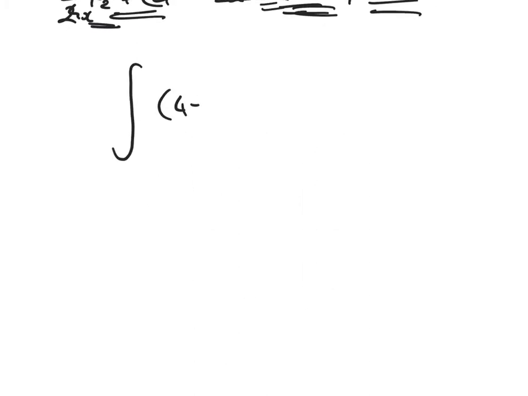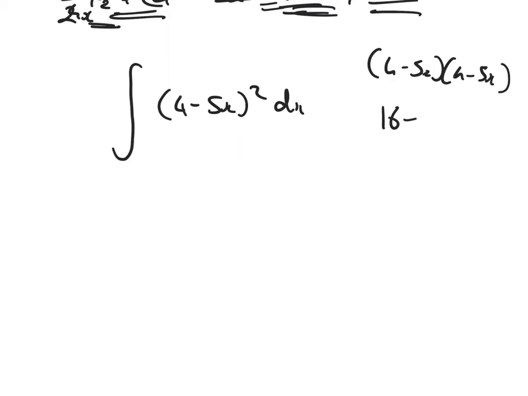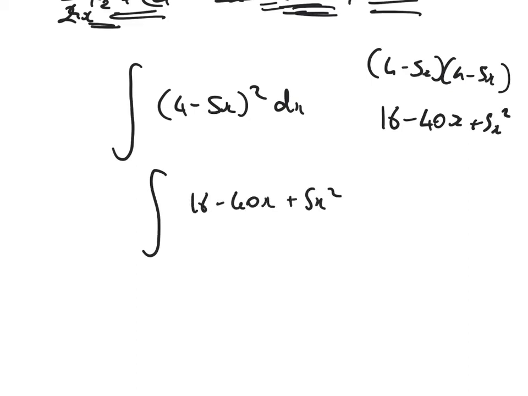Okay, let's integrate 4 minus 5x all squared. Okay, so let's first of all prepare to integrate by expanding that open. So 4 minus 5x all squared is 4 minus 5x times 4 minus 5x. That's 16 minus 40x plus 25x squared. So let's throw that back in. So we're going to integrate 16 minus 40x plus 25x squared.